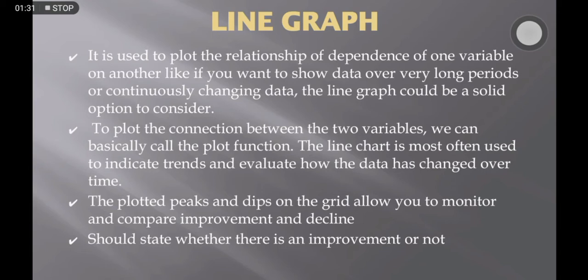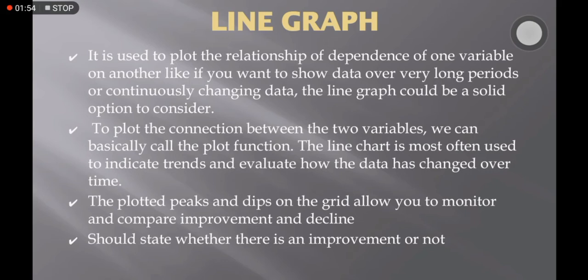Now, we're going to move on to the line graph. It is used to plot the relationship of dependence of one variable on another. If you want to show data over very long periods, or continuously changing data, the line graph could be a solid option to consider. To plot the connection between the two variables, we can basically call the plot function.